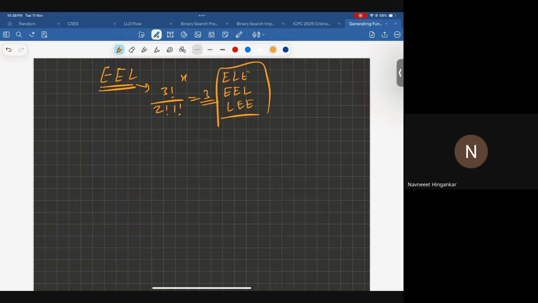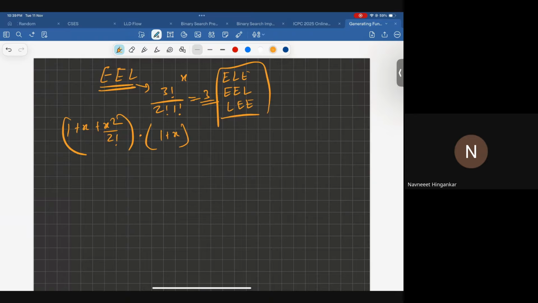But anyway, we are trying to learn generating function here, so we will try to write it in generating function. Basically, for E we have two choices: 1 plus x square by 2 factorial, right? And for the other, there is only one choice, and then for L we have only one choice: 1 plus x.